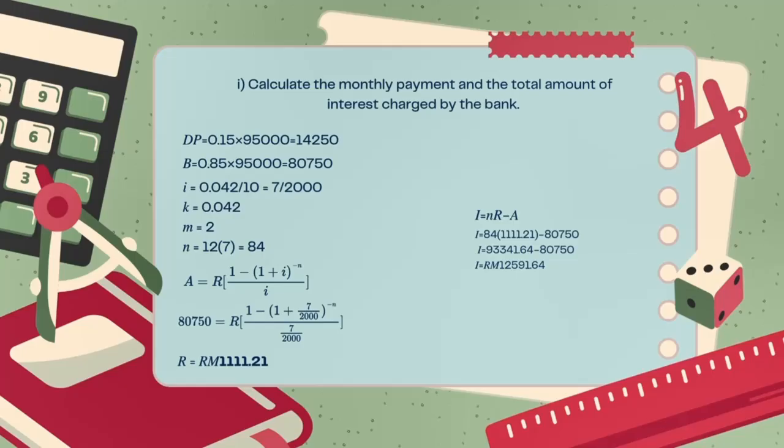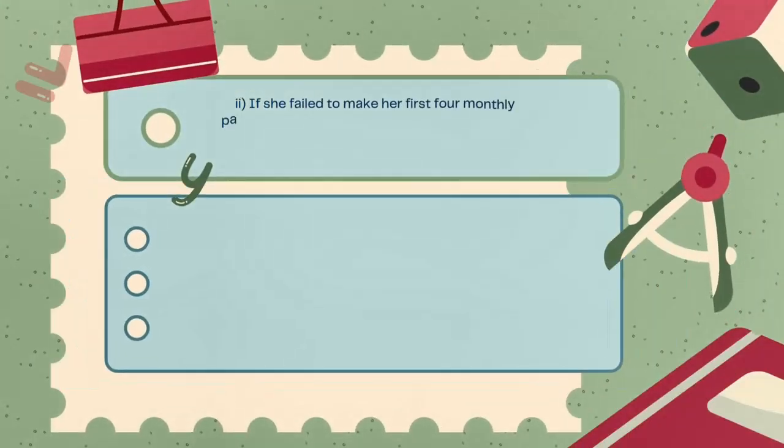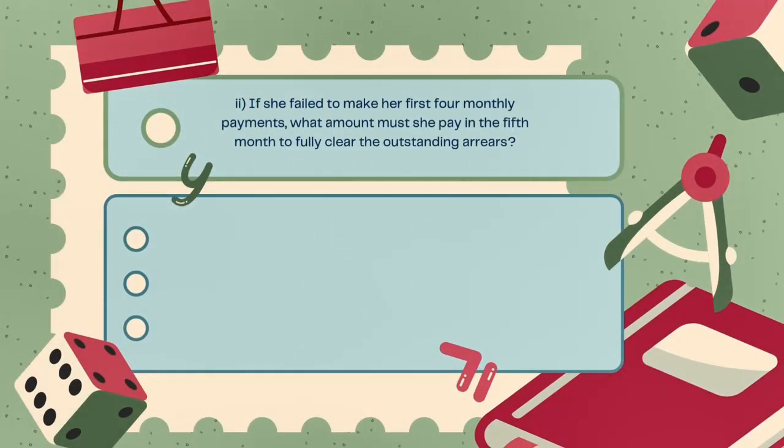And it's going to be I equal to 93,341 ringgit 64 cents minus 80,750 ringgit. And I equal to 12,591 ringgit 64 cents.